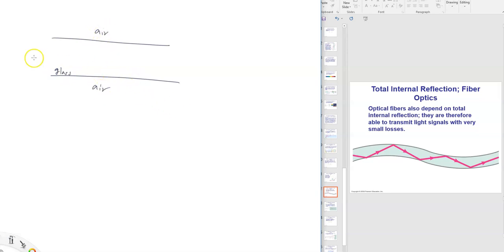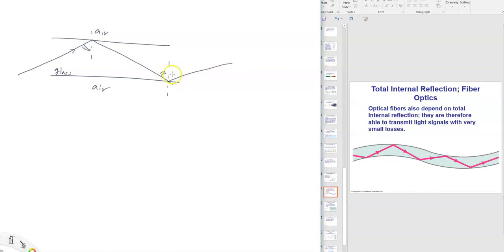Light comes in, and because these things are so thin, no matter which angle it enters, so here comes a light beam, it is always bigger than the glass to air critical angle, so it reflects, and it again creates a big angle, so it reflects again.